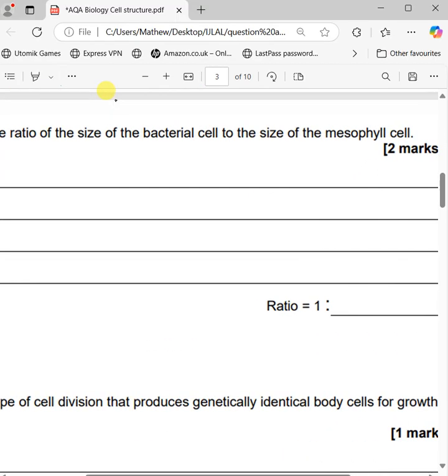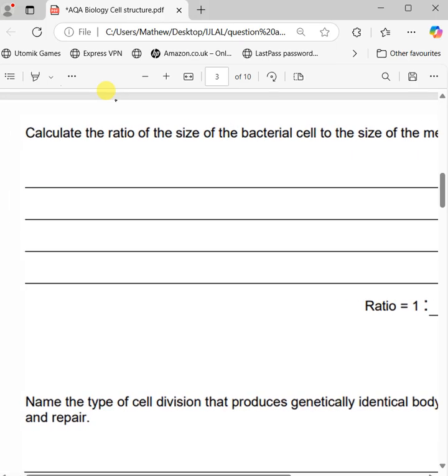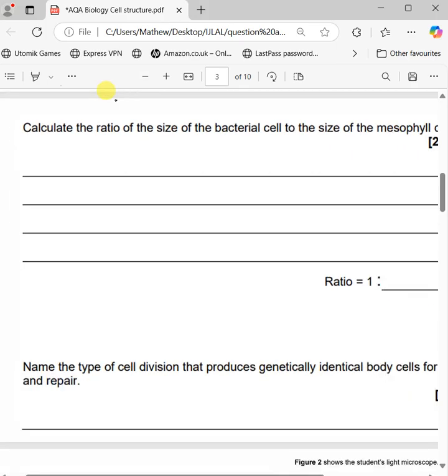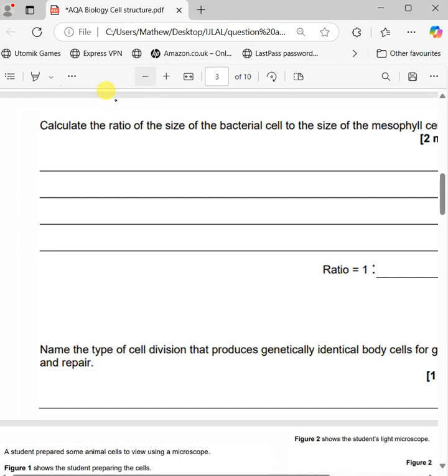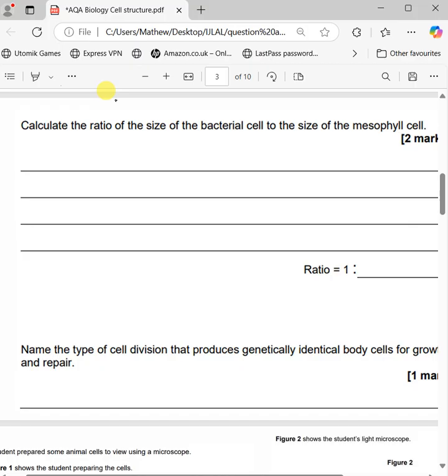Now, we have another question here. We are meant to calculate the ratio of the size of the bacterial cell to the size of the mesophyll cell. So you see what I was saying about their units. That's where they want to try and confuse you.